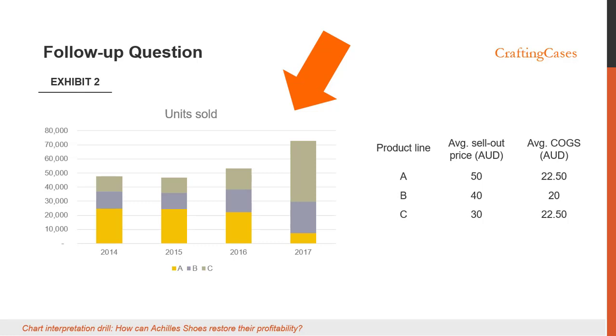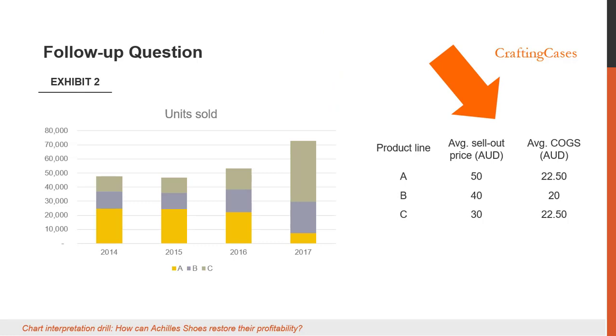And then in the last year I said product line A now represents around 10%. I didn't say it decreased a lot, I said it now represents 10%. And product line C now represents well above 50%. It's not the majority, it's not a lot of it, it's as precise as I can get, it's well above 50%.